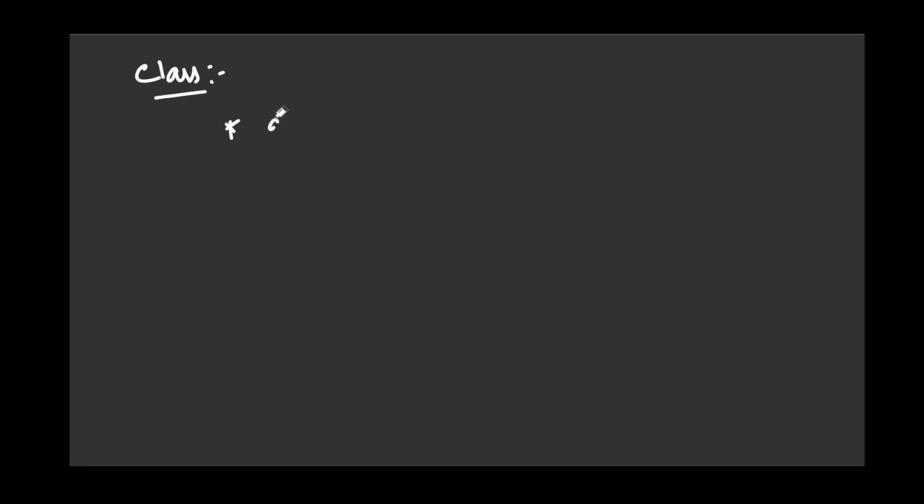Always the class should be defined with public. There are some deviations in this, and we will see those later on. But for now, try to understand that the class should always have the modifier public.